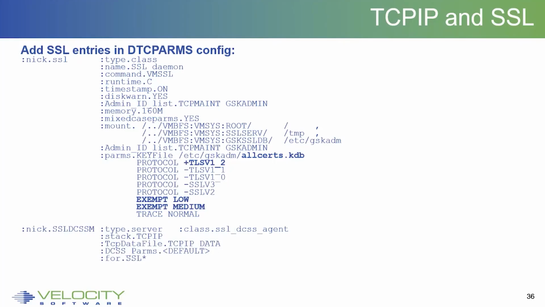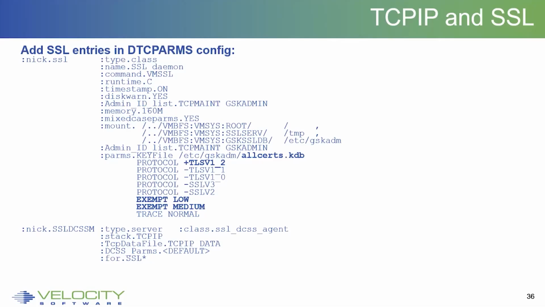The key file entry, the very first entry there, that all certs KDB is the name of my key database that I defined. So whatever key database name you defined, that's what you want to put in there. Now the protocol entries below it, you'll see a plus in front of the TLS v1_2 and then minus for the rest.